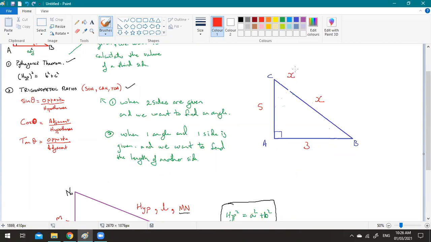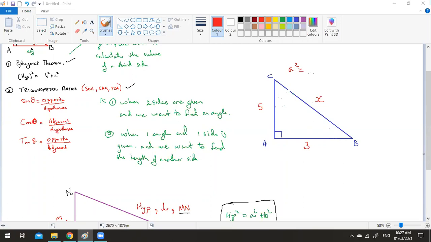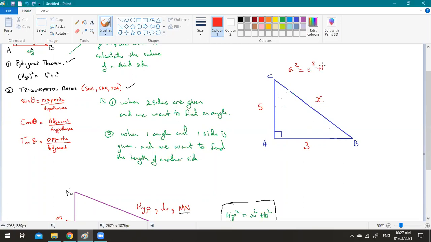A squared equals C squared plus B squared. All right.